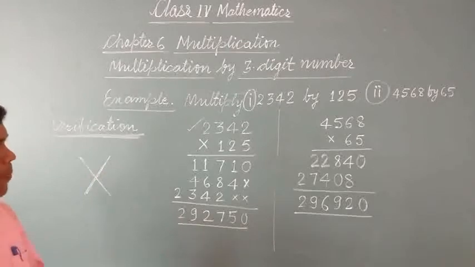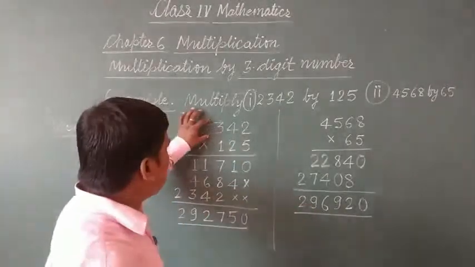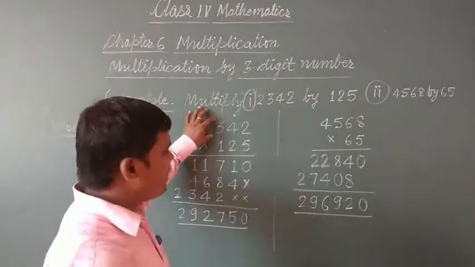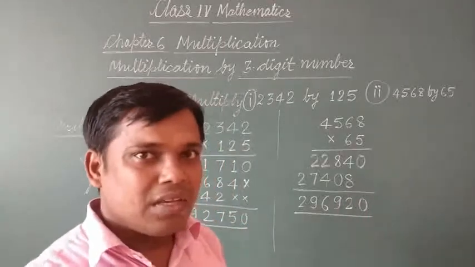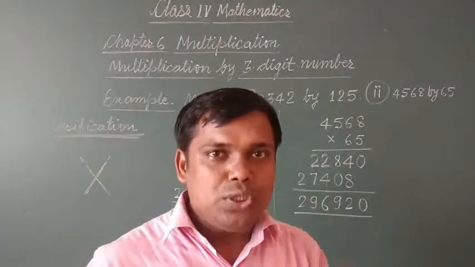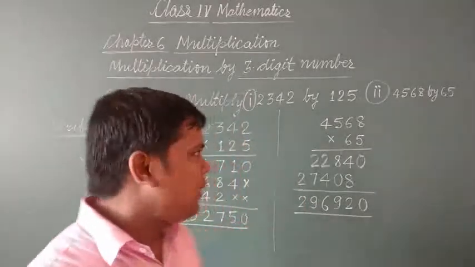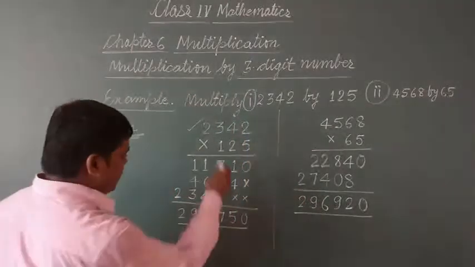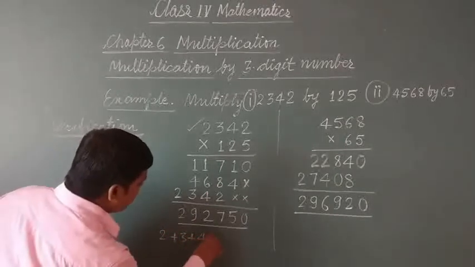Now you add each digit of the multiplicand. This is our multiplicand. You add each digit together, and by doing so you have to bring it to one digit. For example, 2 plus 3 plus 4 plus 2.